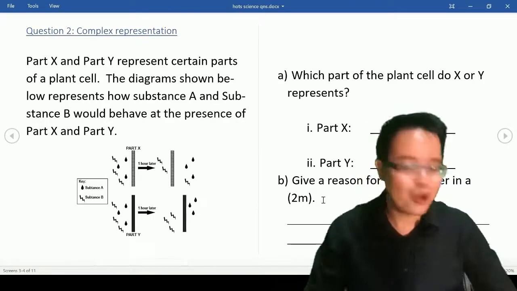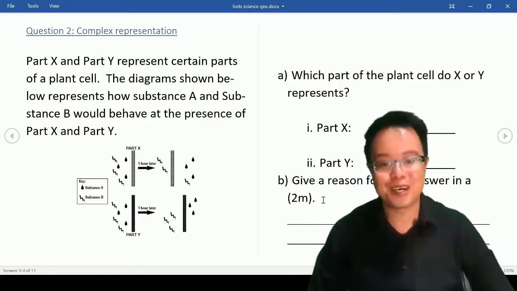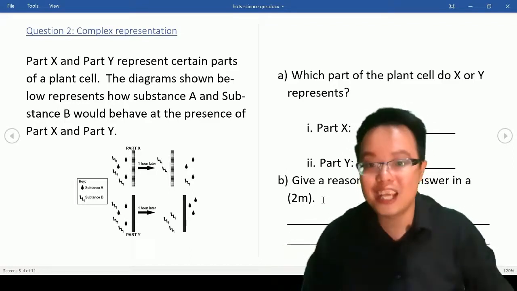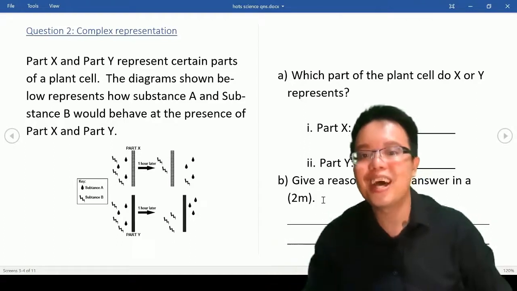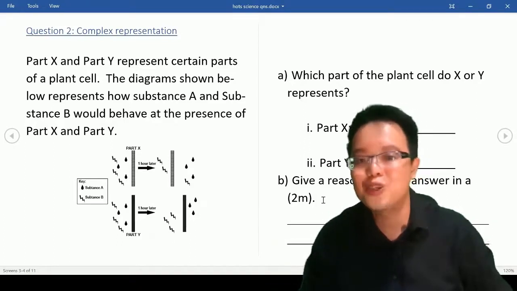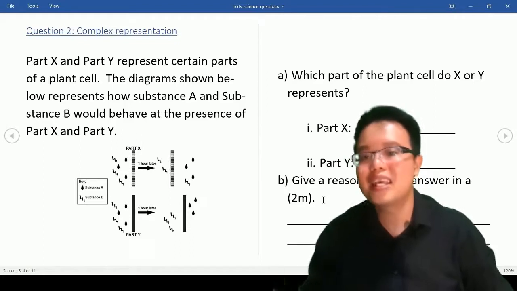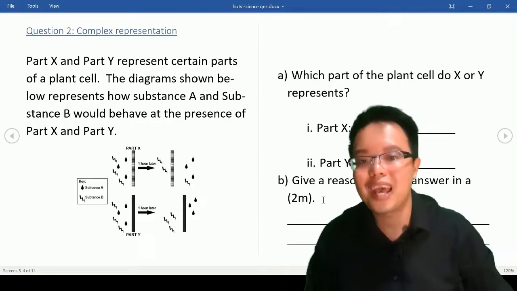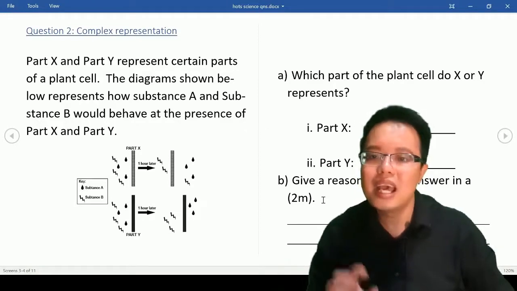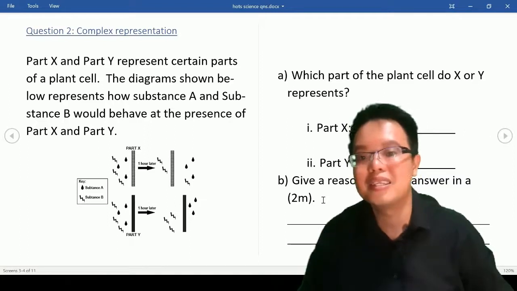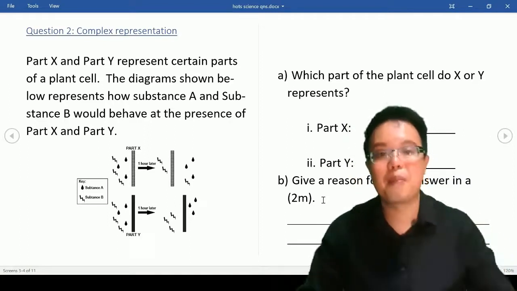So today I'm going to show you a few other questions over here, like this type. Okay, this is the complex representation type of question. Now, the droplets represent substances like water that can pass through part X, that represents the cell wall. But some of the lightning-shaped objects that represent other substances can pass through part X, but they are not able to pass through part Z that represents the cell membrane.